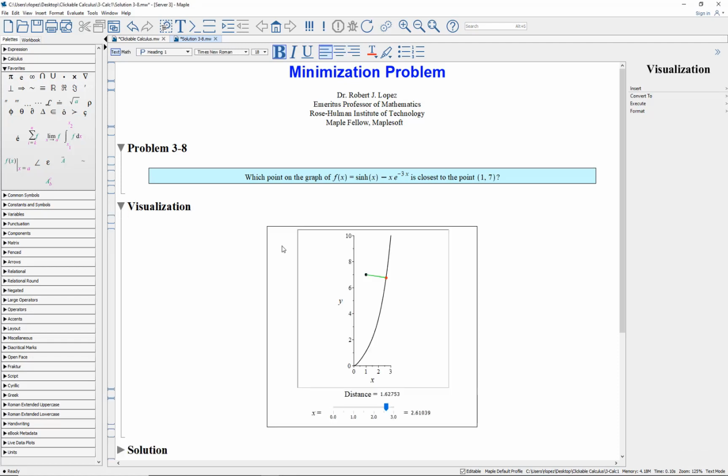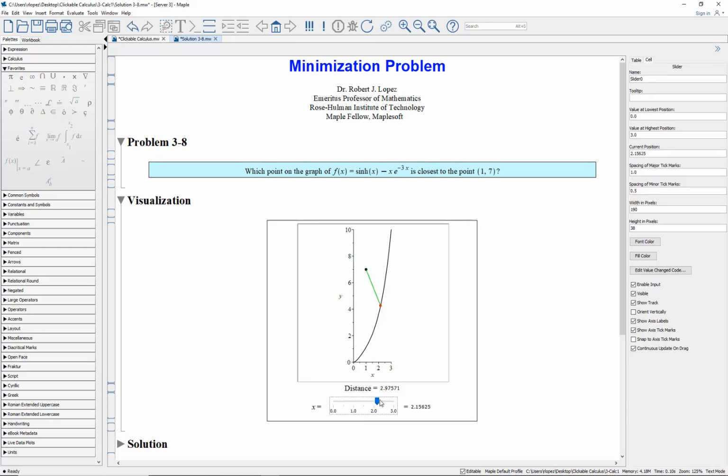Here's a visualization that helps understand what it is that we're trying to do. This is a graph of the function. This is the fixed point. The green line connects a point on the graph with the fixed point.